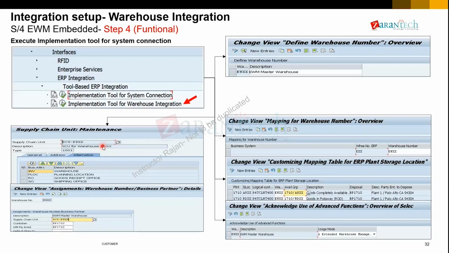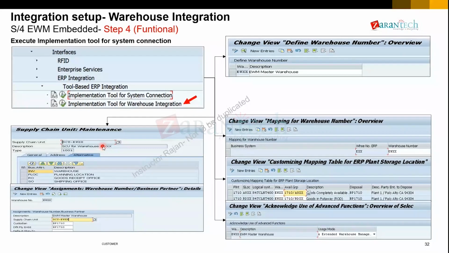We just need to maintain the attribute INV, and also the supply chain unit is assigned to the warehouse. It is mandatory, one warehouse, one supply chain unit. In the case of multi-plant single warehouse, there would be two plants, but still no problem.